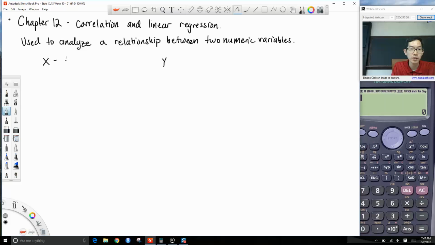X is often called the independent variable, or the predictor variable, or the explanatory variable.